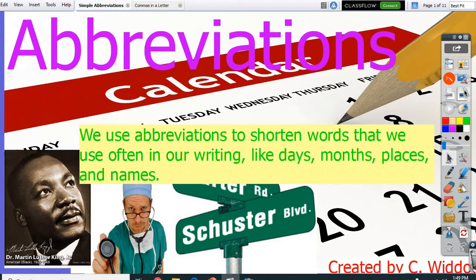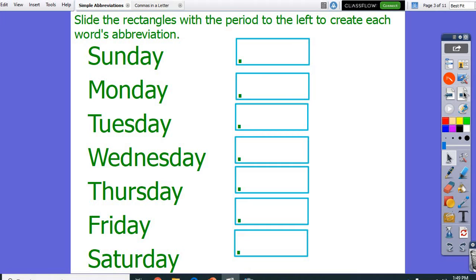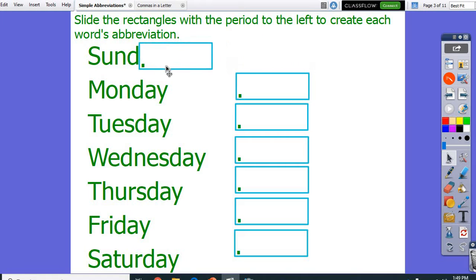Alright, so remember, abbreviations are when we can shorten words like days and months and even places and names. So, if you remember, these are all the days, and you can abbreviate each day to make it shorter. Do you guys remember how we can make Sunday shorter? Very good. You just take away the day and you put a little period there.